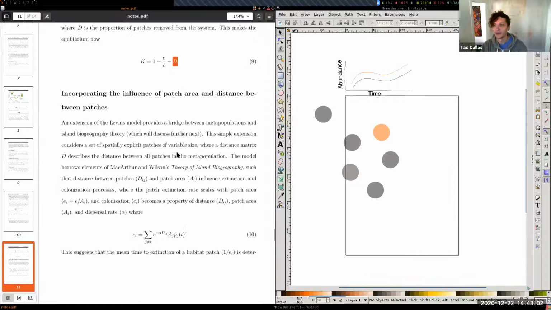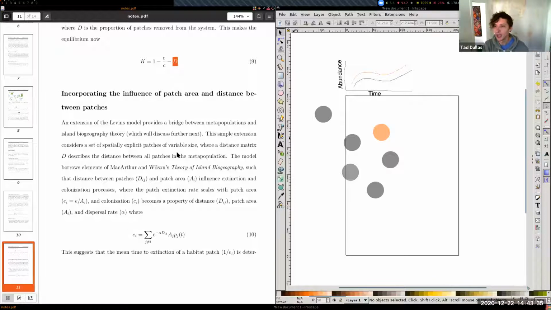All right, and now we get some fun, right? There's a bunch of different extensions of metapopulation theory away from the classic Levins model, and a lot of patch occupancy work has done a great job incorporating the spatial element more explicitly. But some of Hanski's work and Ovaskainen's work, in the late 80s maybe, early 90s, incorporated space more explicitly.